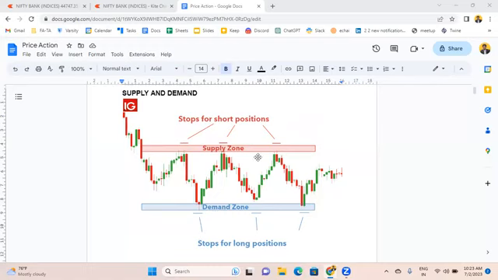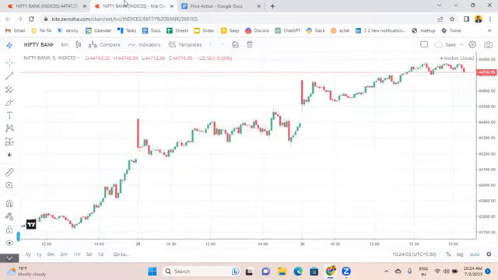We can conclude with this. Now in trading or investing, at the supply zone, traders or investors tend to short sell, and at the demand zone, traders or investors tend to go long on the stock or on the index in general.